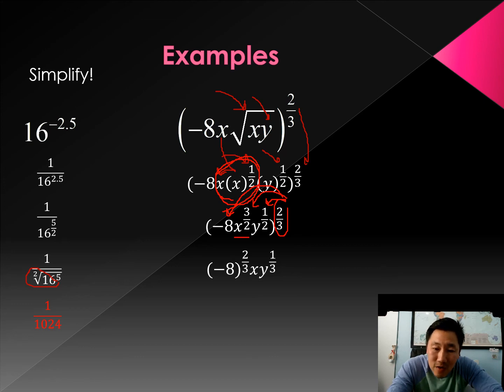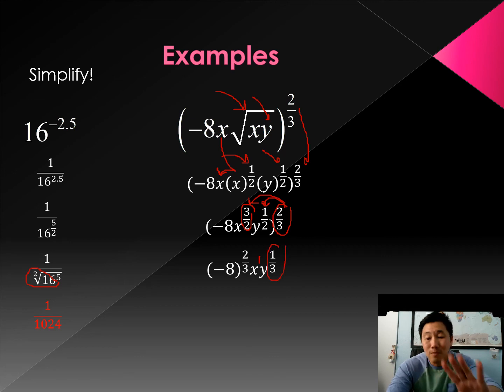Let me clean it up because it's a little messy. X to the 3/2, and then another 2/3. When you multiply them together, they turn out to be 1, and that's why it's just x to the 1. And then if you distribute in the 1/2 with the 2/3, you get 1/3.